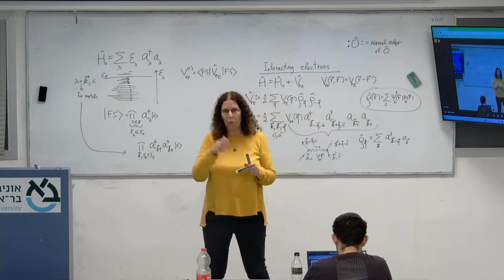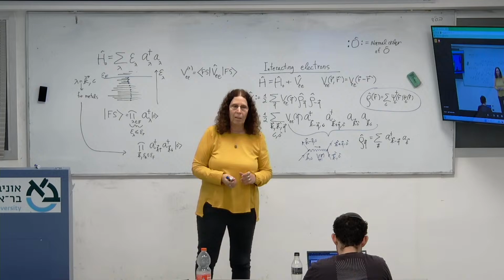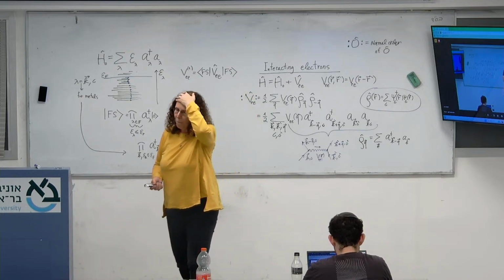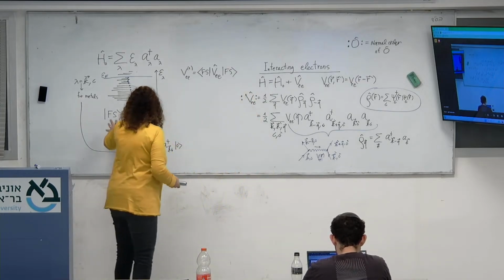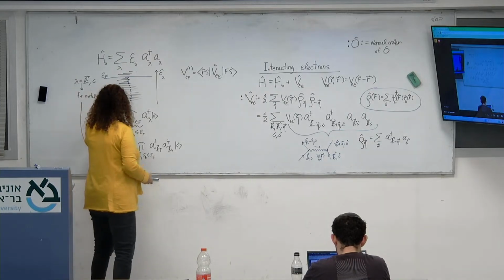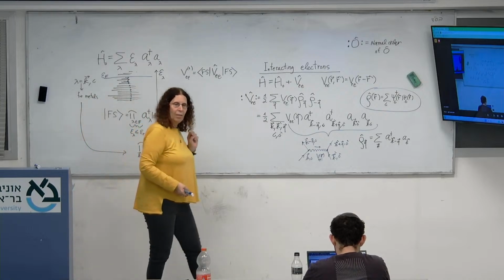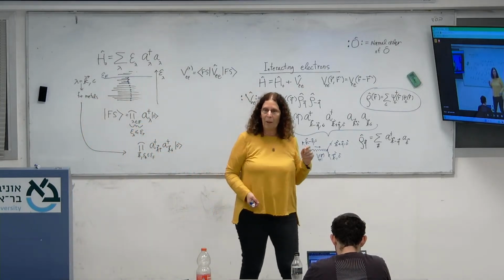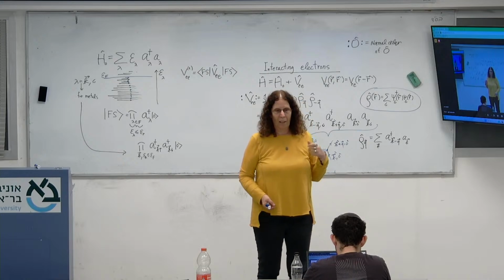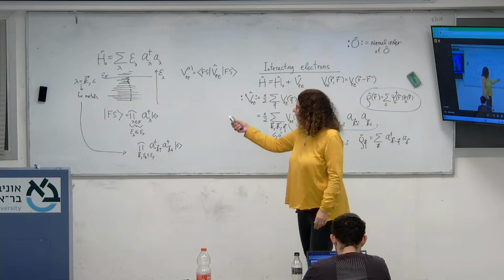So I'll just give you a heads up of the idea. You want to define the Fermi sea as your vacuum. But if this is the vacuum, you have to define new annihilation operators, and of course creation operators, that annihilate this vacuum.